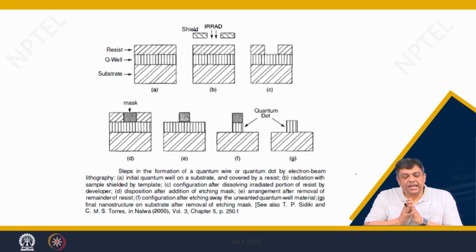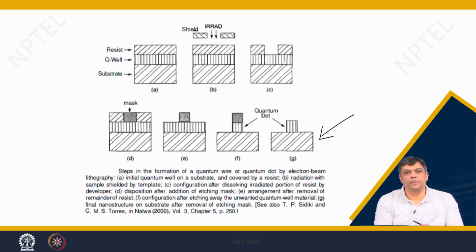So, basically the steps which are used to obtain a pattern structure means, for example, you are talking about a final structure which is given in figure G. This is what I want to obtain, and where have we started from?